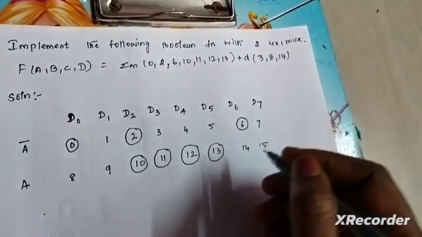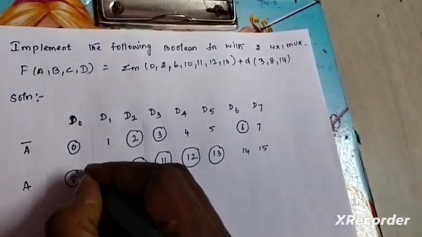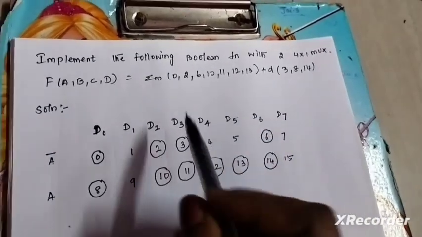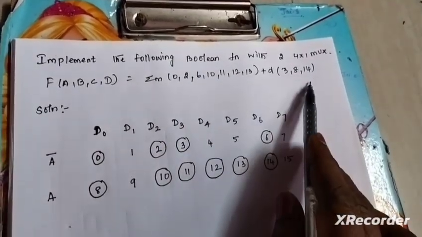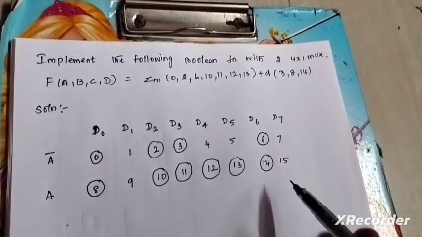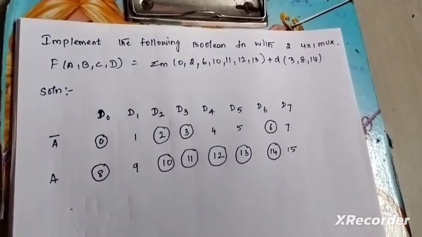And see the don't cares: 3 is there, 8 is there and 14 is there. I'm repeating again: take the min terms given in the question and circle them. This is the first step you have to do in the implementation table.